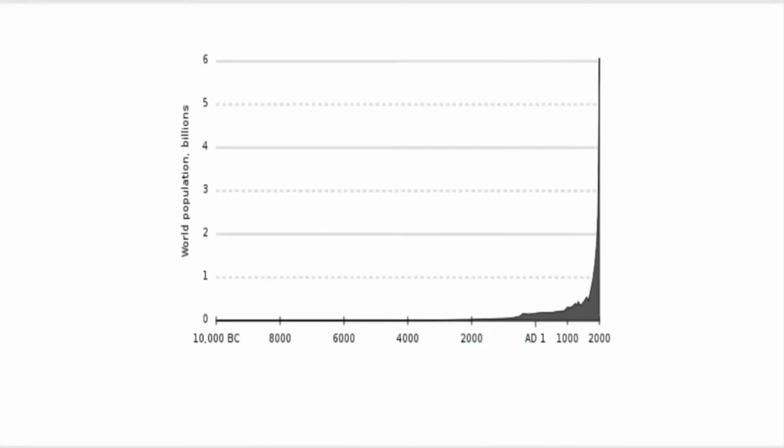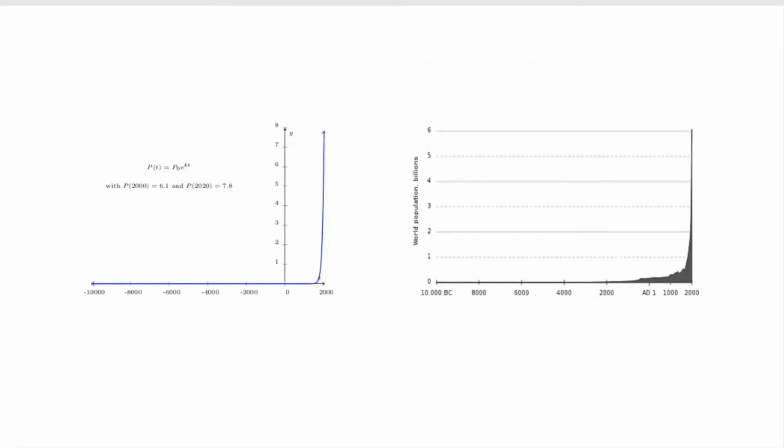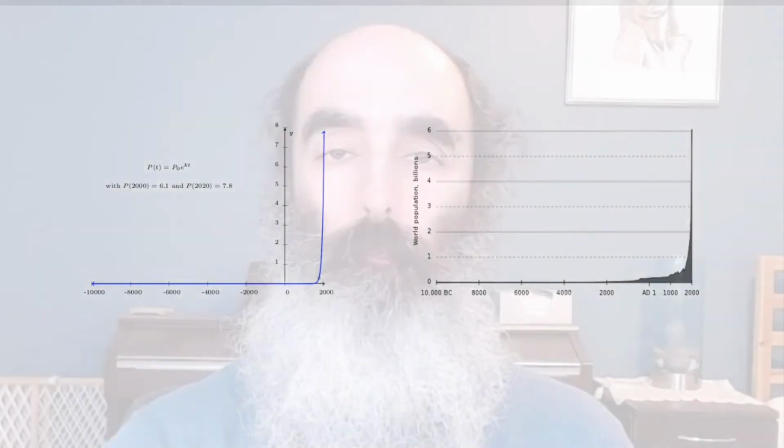On the other hand, if you look at a graph of the actual world population from 10,000 BC to at least the year 2000, it looks remarkably similar to what we just came up with. Here they are next to each other, and aside from some jaggedy stuff in the middle, it turns out that our model may be not so ridiculous after all.